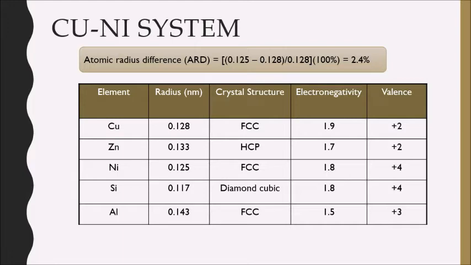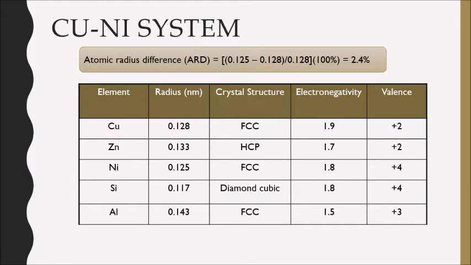For the radius, aluminium shows the longest radius, which is 0.143. For the crystal structure, copper has the FCC structure, which is face-centered cubic. Zinc has HCP, which is hexagonal close packed. Nickel is also FCC. Silicon is diamond cubic.